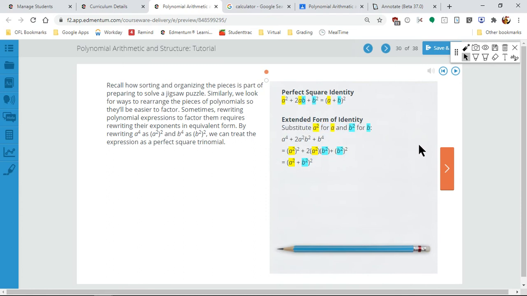Extended form is what I was kind of saying about U substitution, is instead of calling it a to the fourth, they're going to call it u squared plus 2u. They're making it a little more complicated because they also have another letter here. But just kind of think of rewriting it with a different power. That was actually what they were talking about in that first step. So we can rewrite this to basic powers. If it's a trinomial, try to make it squared. That way you can just box method it, basically.